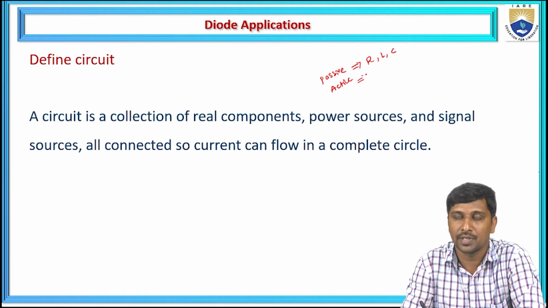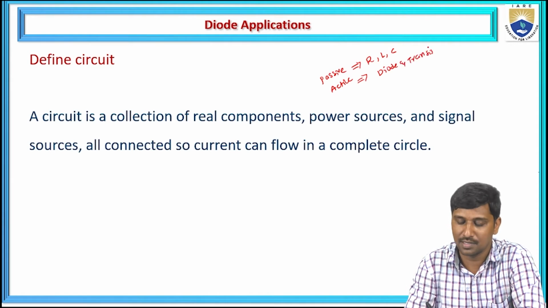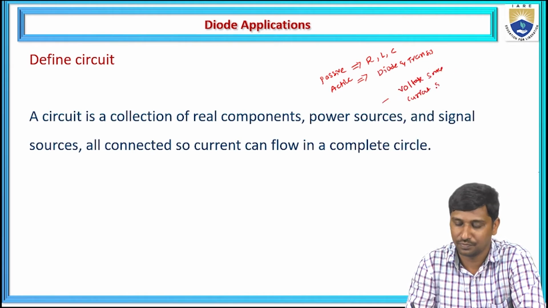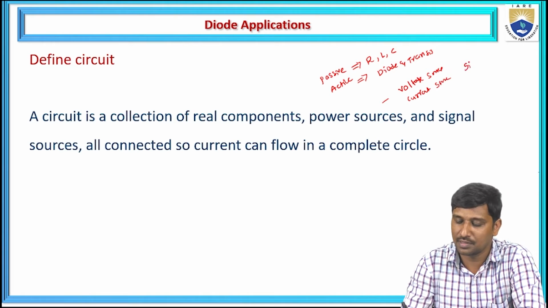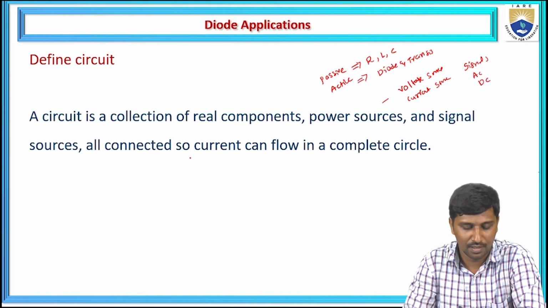The active components are diode and transistors. Apart from that, there are power sources, either voltage source or current source, or some signal sources, like AC signal source or DC signal source.